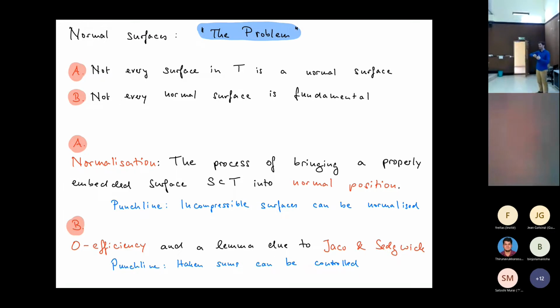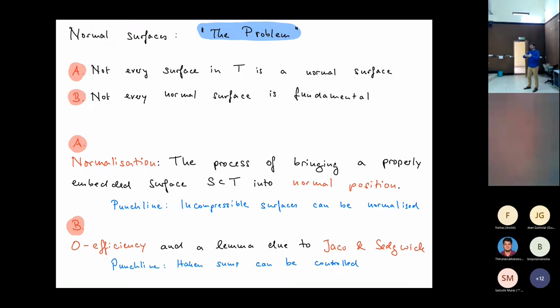So you have a Heegaard surface that splits the manifold into 2 handlebodies. This turns out to be not always present as a normal surface. Sometimes that's not enough, right? You have to add some octagons, and that's a different thing. So not every surface in T is a normal surface. That includes some important, topologically important surfaces. And not every normal surface is a fundamental one, of course, right?